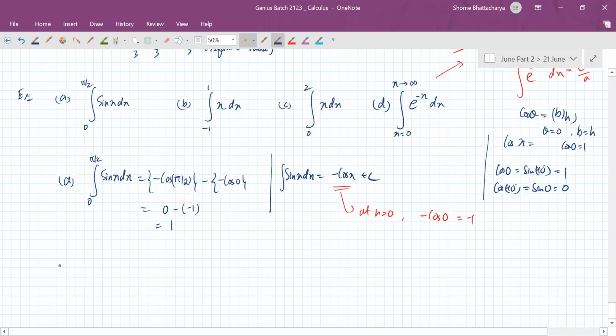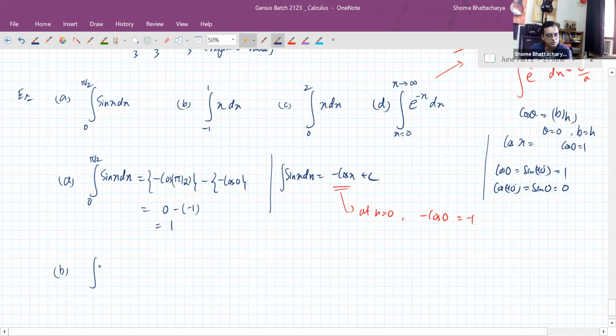Okay. All right, let's come to the second one. So now we know integration of x dx is x square by 2 plus c. So this will become 1 square by 2 minus of minus 1 square by 2. So that will be 0.